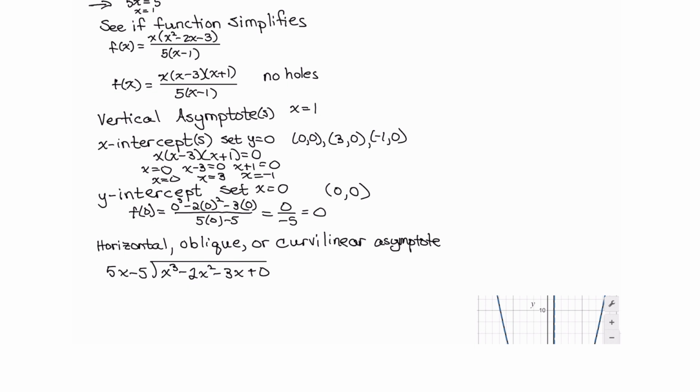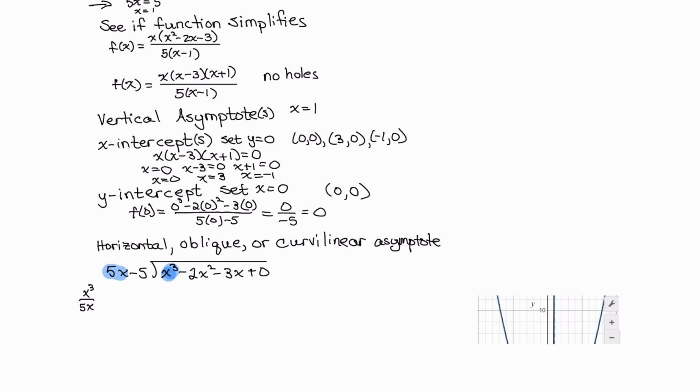To do this long division, we start by taking the first term of what we're dividing into and dividing it by the first term of what we're dividing by. Over to the side, we take this x cubed, divide it by the 5x, and simplify that.